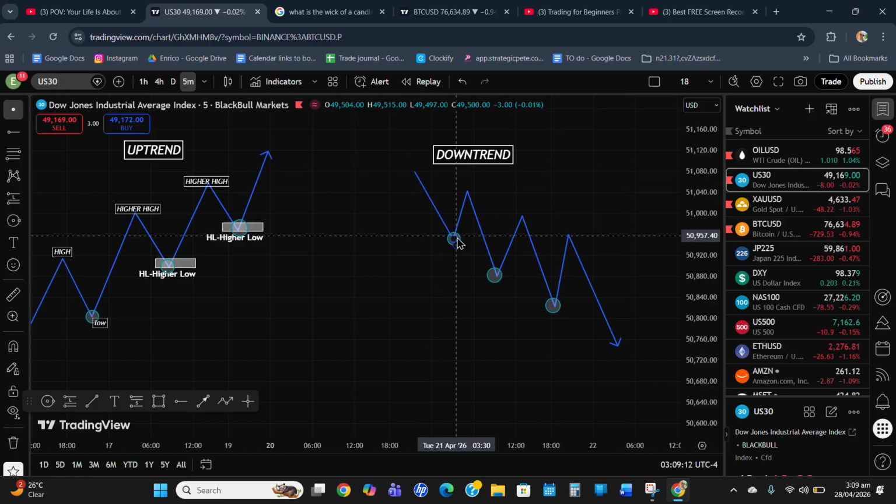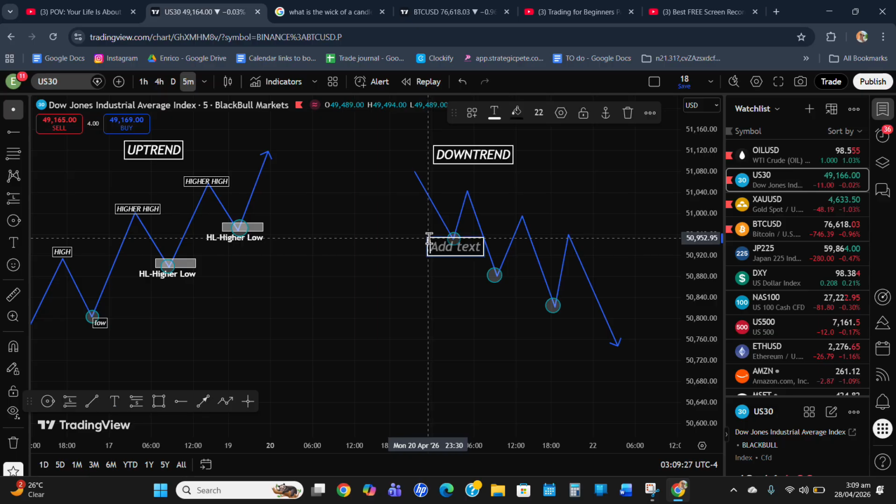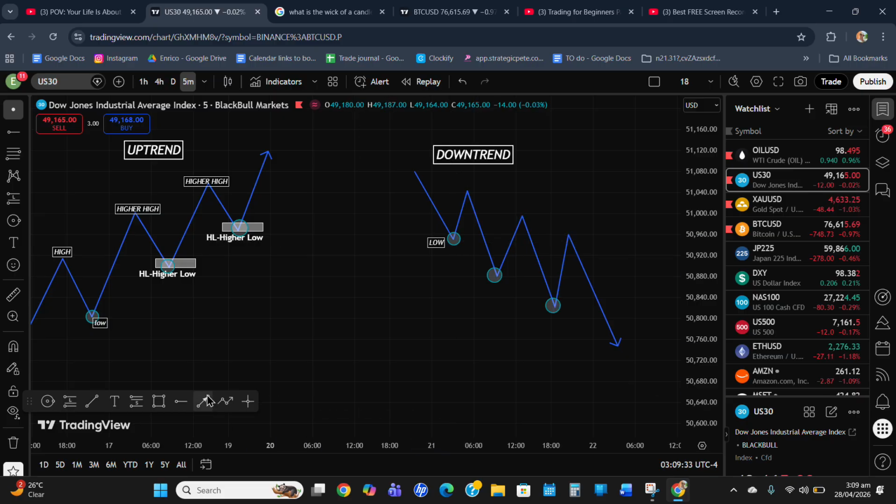So each time we're going down, we created a low, then we pull back, then we created another low, then we came back, then we created another low, then we came back up, right? So these are lows within the market. This is our first low. We'll make this smaller. That's our first low in the market. And then we had what we call a lower low.